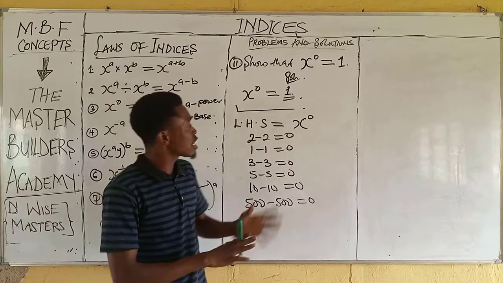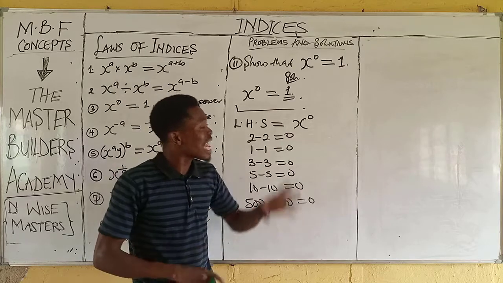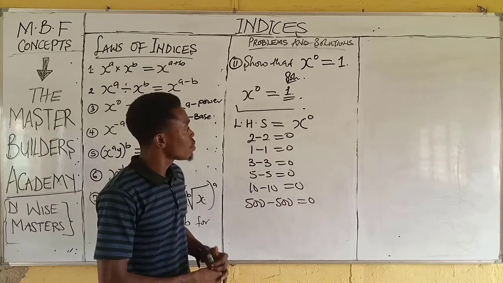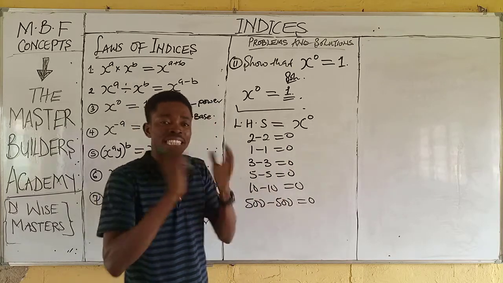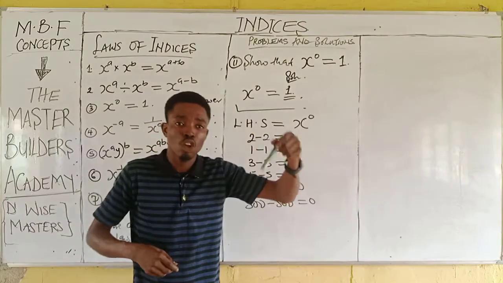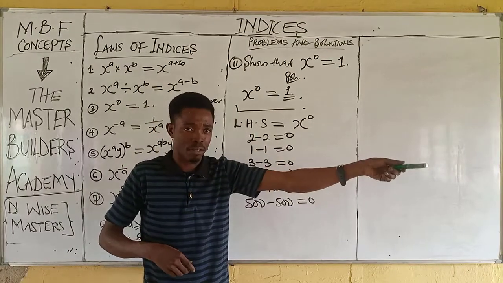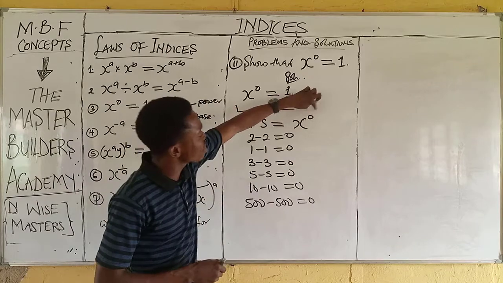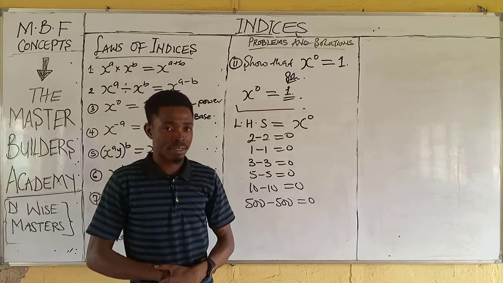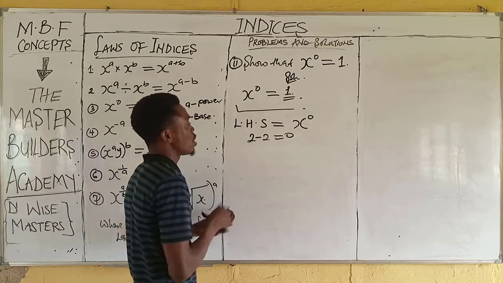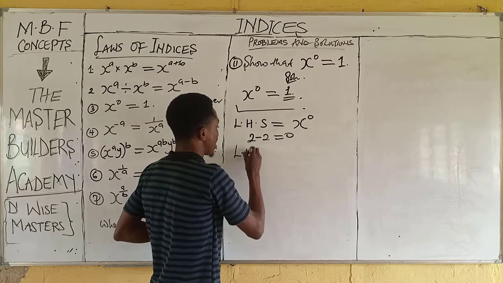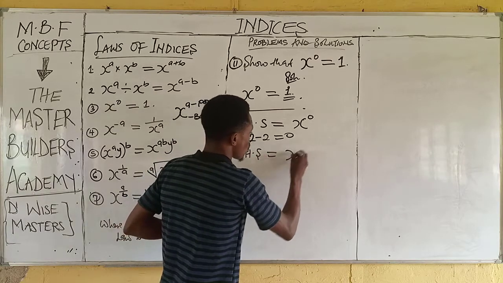So the first method to show that anything raised to the power of 0 is 1 is to first of all take a particular number, and subtract it from itself to get 0. Then we will replace this 0 by the numbers. But we are going to work with the first one. So this is our left-hand side, equal to x.